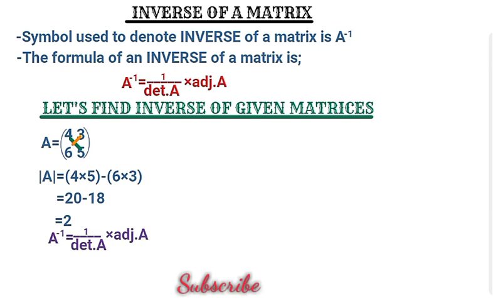What is the determinant? We have found it's 2. The adjoint, we'll come to that. So we write equals 1 over 2, multiplied by the adjoint.